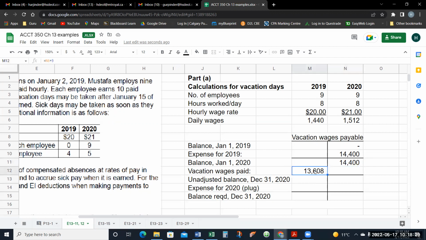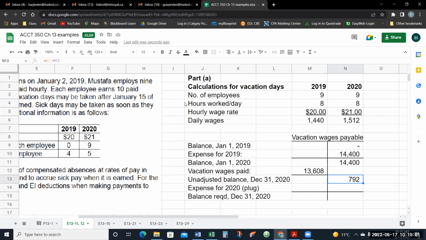The liability gets reduced from $14,400 by $13,608 to $792. That's what the unadjusted balance of the vacation wages payable liability will be as of December 31st, 2020. Now, we want this balance to be actually how much? Well, each employee earns 10 paid vacation days.